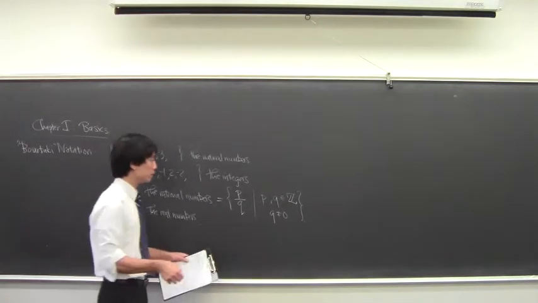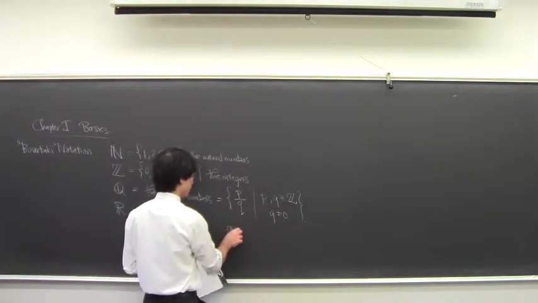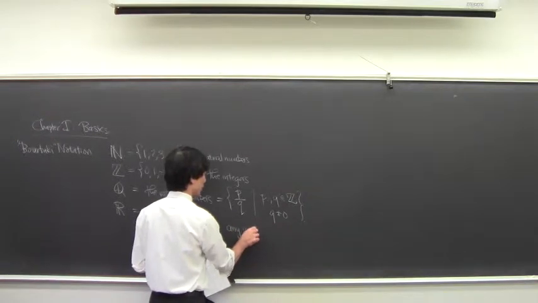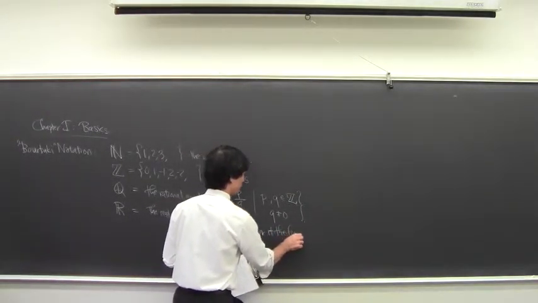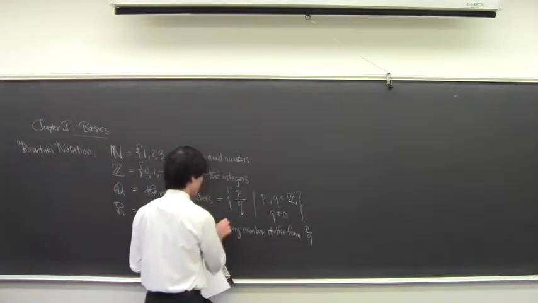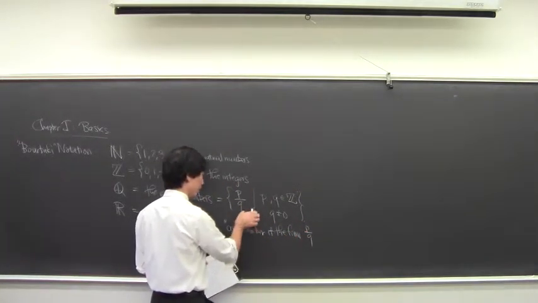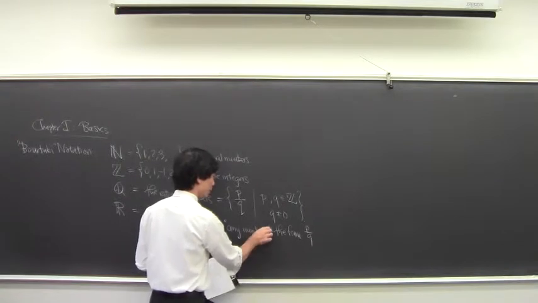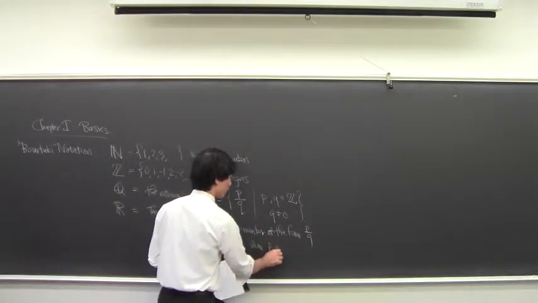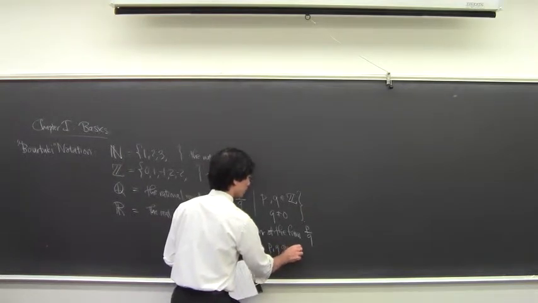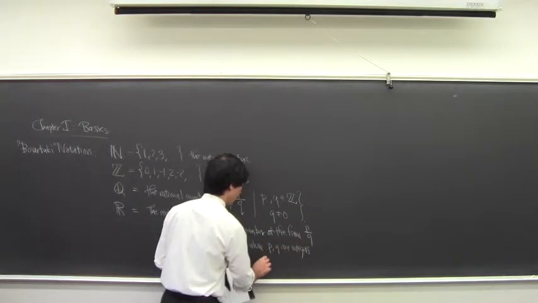So to write this in English, it's any number of the form p over q where p and q are integers, and q is non-zero.